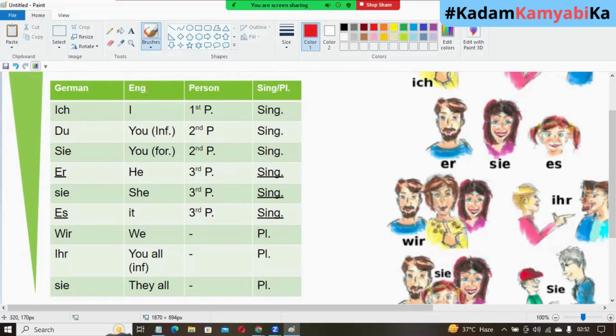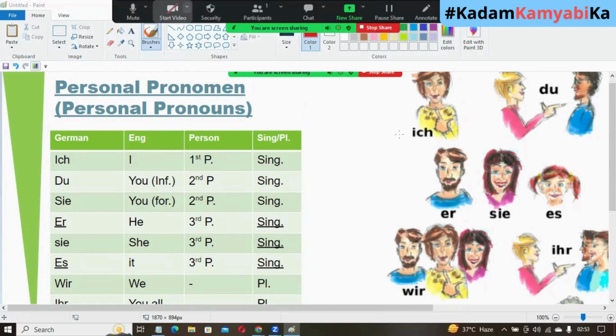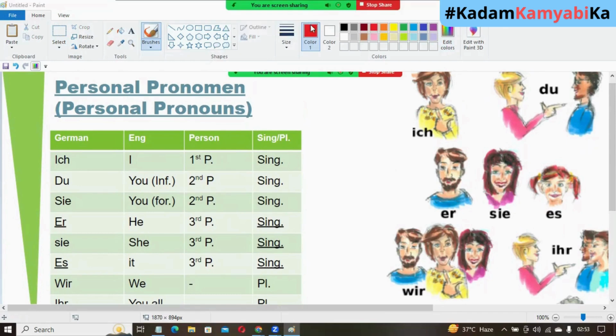So what is a personal pronoun? When you are referring to someone or somebody, it is called a personal pronoun. Let's say if we are saying I, it is called ich in German.